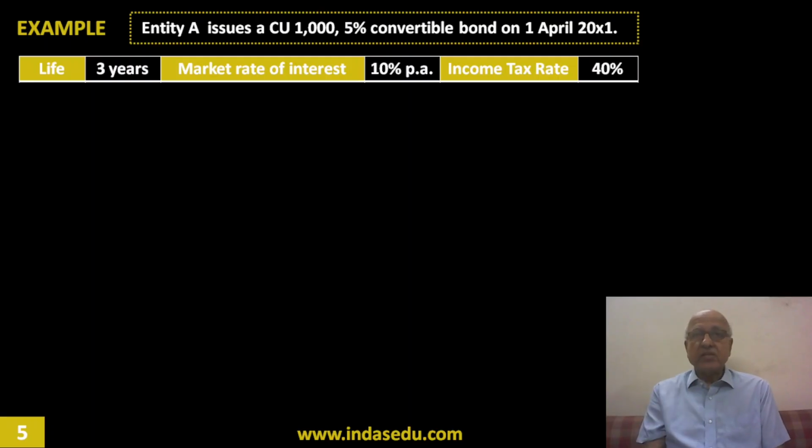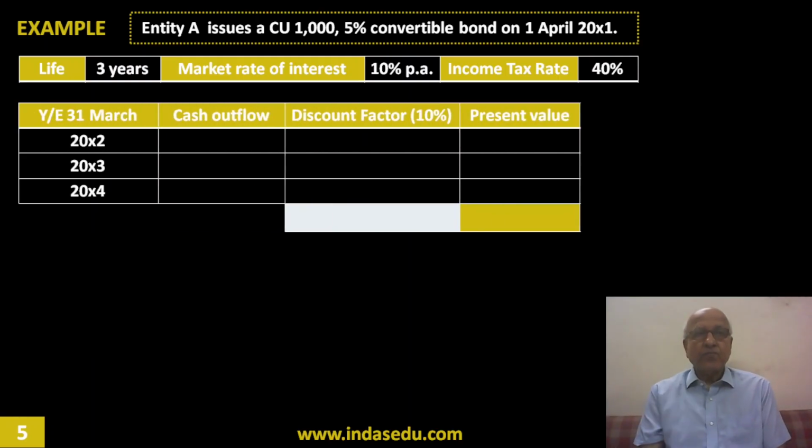But you see, interest is payable at how much? 5%, much lower than the market rate of interest, because there is a bonus element given. There is some conversion feature. The holder can convert the debt into equity shares.